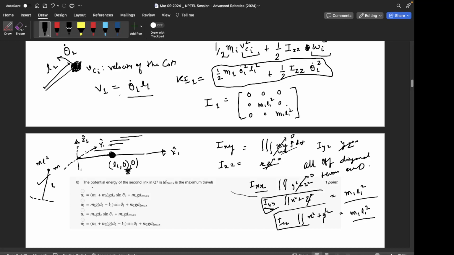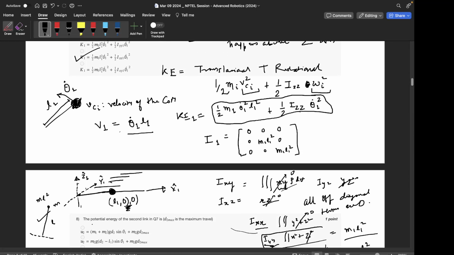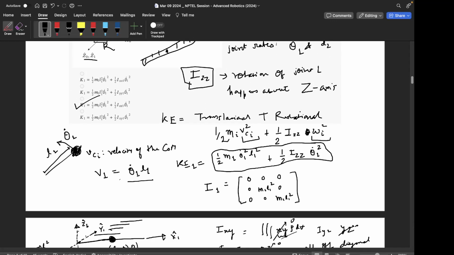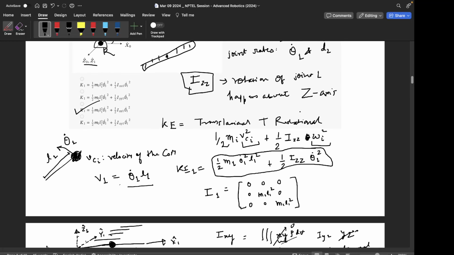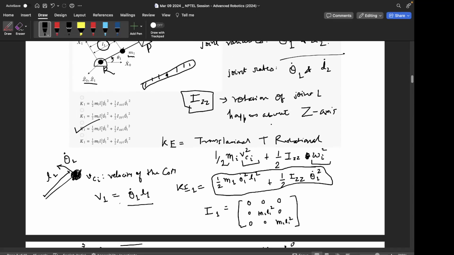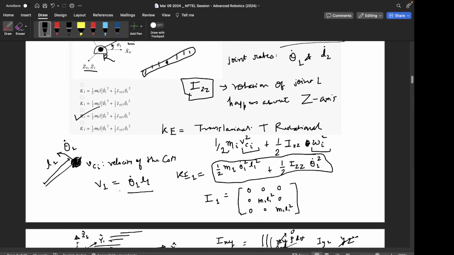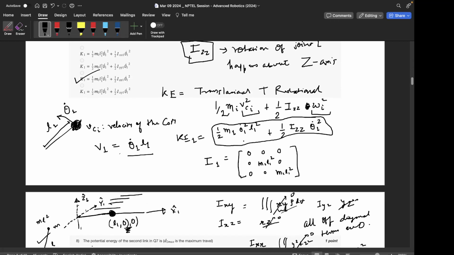So this is the inertia tensor of the first link. I think it should be much clearer now. Yes, sir. It is clear. Okay, so that's how for simple situations you can geometrically visualize why something is 0 or why something is not 0.